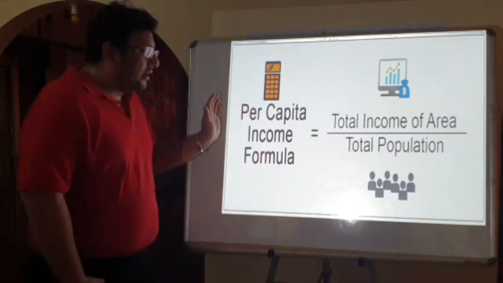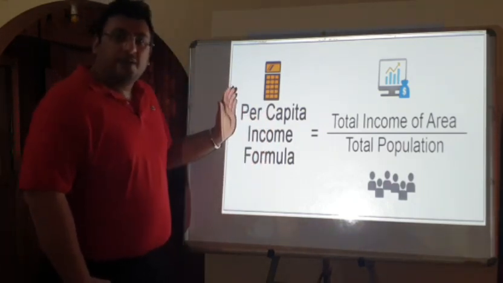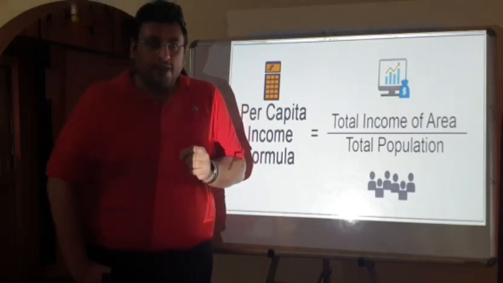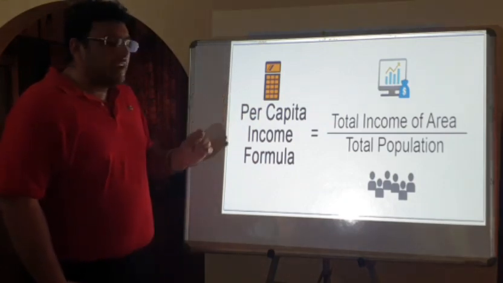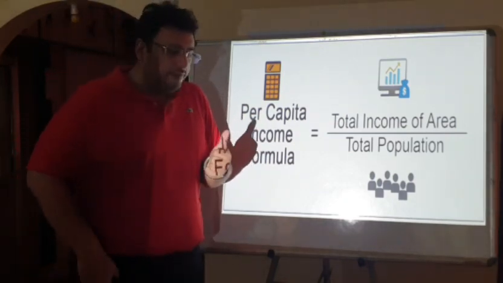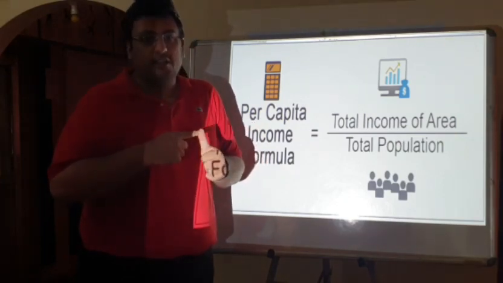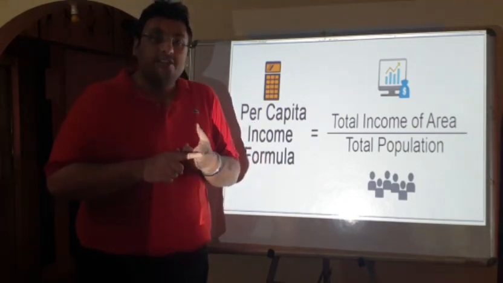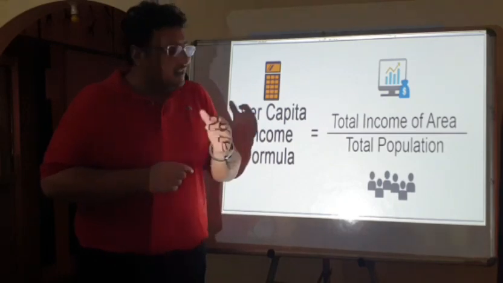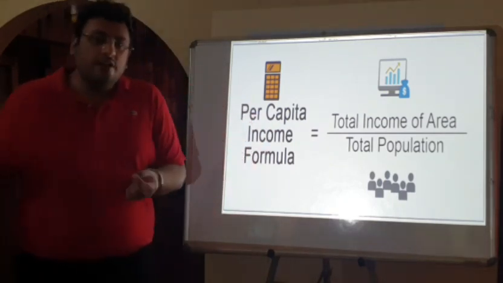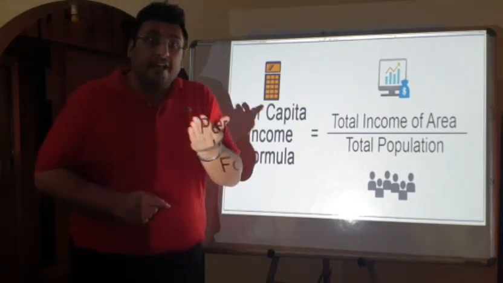Then we get the per capita income, or per person income, or average income of that particular region. So while comparing states or countries, the first and foremost criterion is the per capita income or average income. The second was infant mortality rate. Let us see in the next slide what infant mortality rate is and what it tells us.